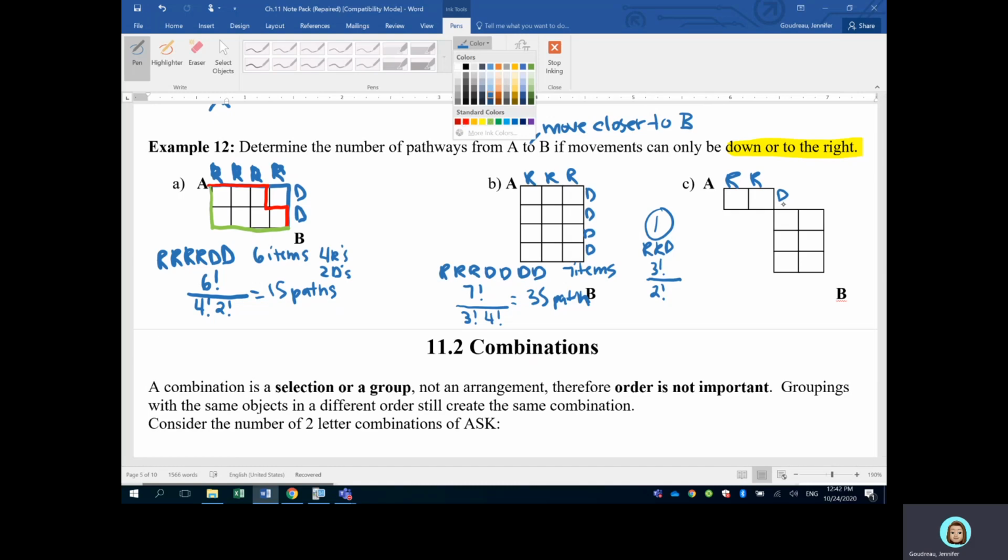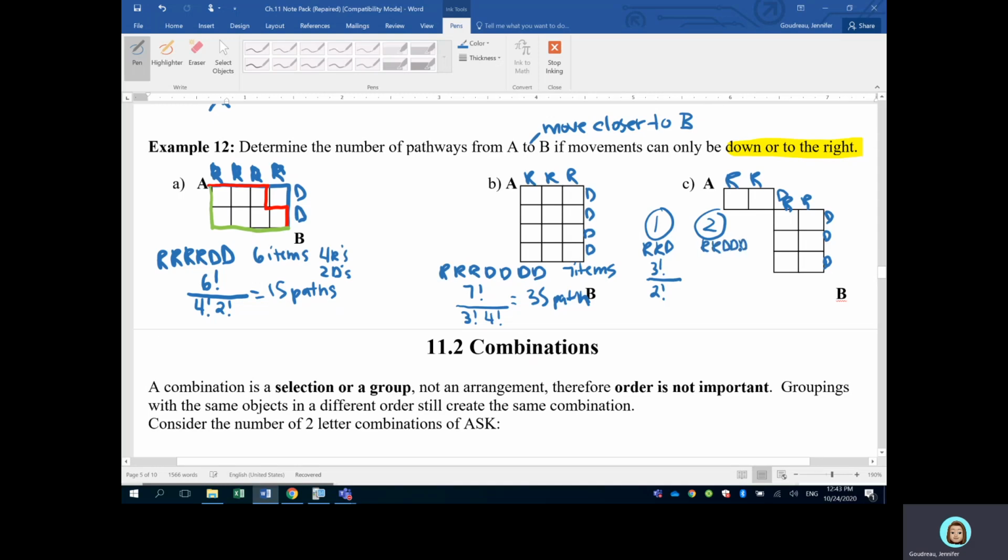In that one, we have to go 2 to the right and 3 down. So in the second grid, we are looking at R, R, D, D, D, which is 5 items that we are arranging 5 factorial ways, but we must divide by 2 factorial for the repeating R's and 3 factorial for the repeating D's. We have to get through grid number 1 and grid number 2.